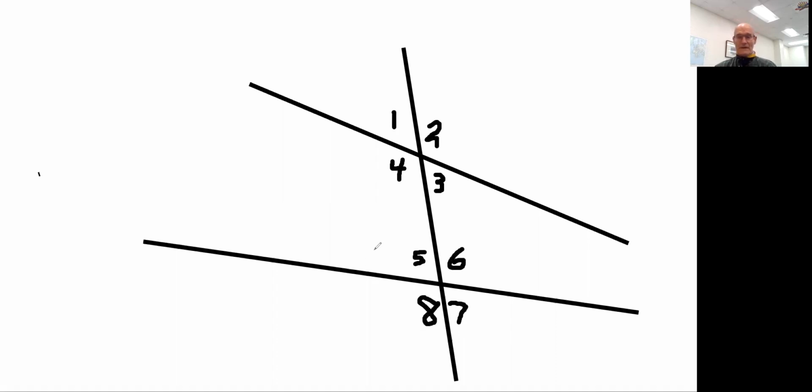Now, if you look at these, the two lines we have here, let's call this line L and this line M. The area between the two lines here, which includes angles 3, 4, 5, and 6, is the interior. So if I come over here, we can talk about interior angles.